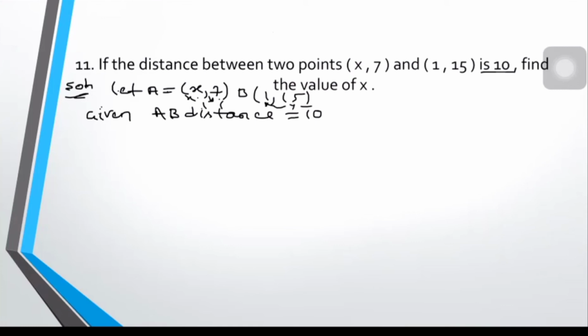Distance formula is root of (x2 minus x1) whole square plus (y2 minus y1) whole square.